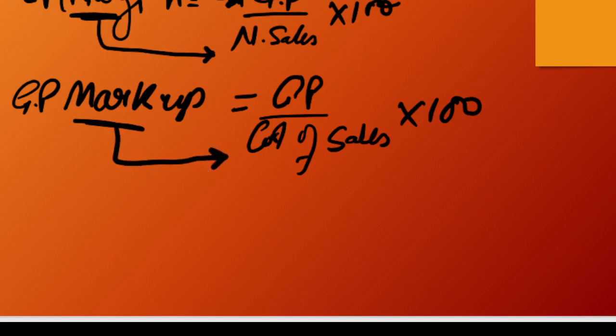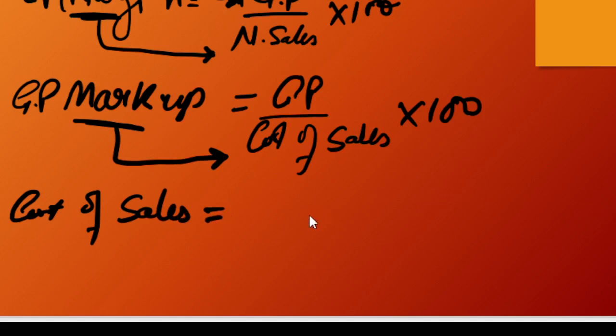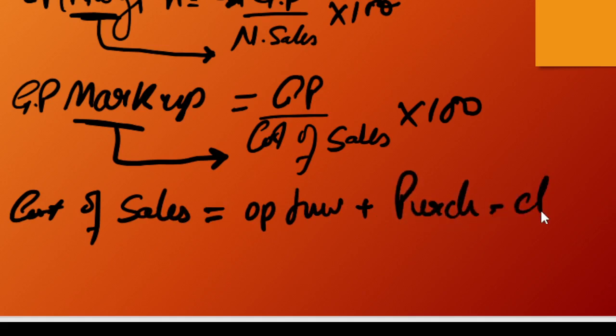So what is cost of sales? Cost of sales is equal to opening inventory plus purchases minus closing inventory. Now one more formula, inventory turnover ratio.